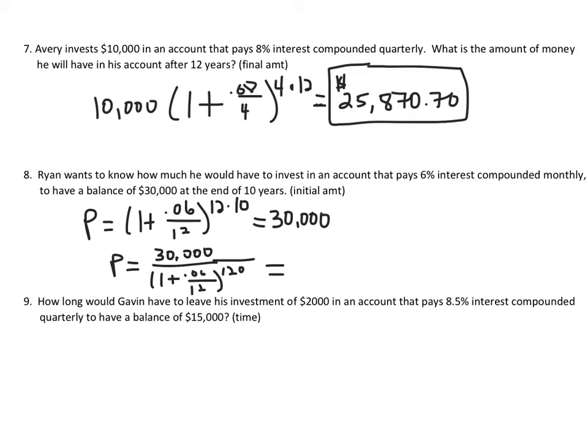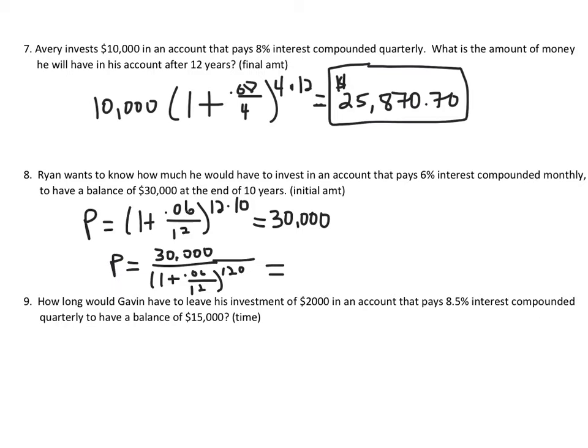All right, in the next problem, Ryan wants to know how much he would have to invest in an account that pays 6% interest compounded monthly to have a balance of $30,000 at the end of 10 years.